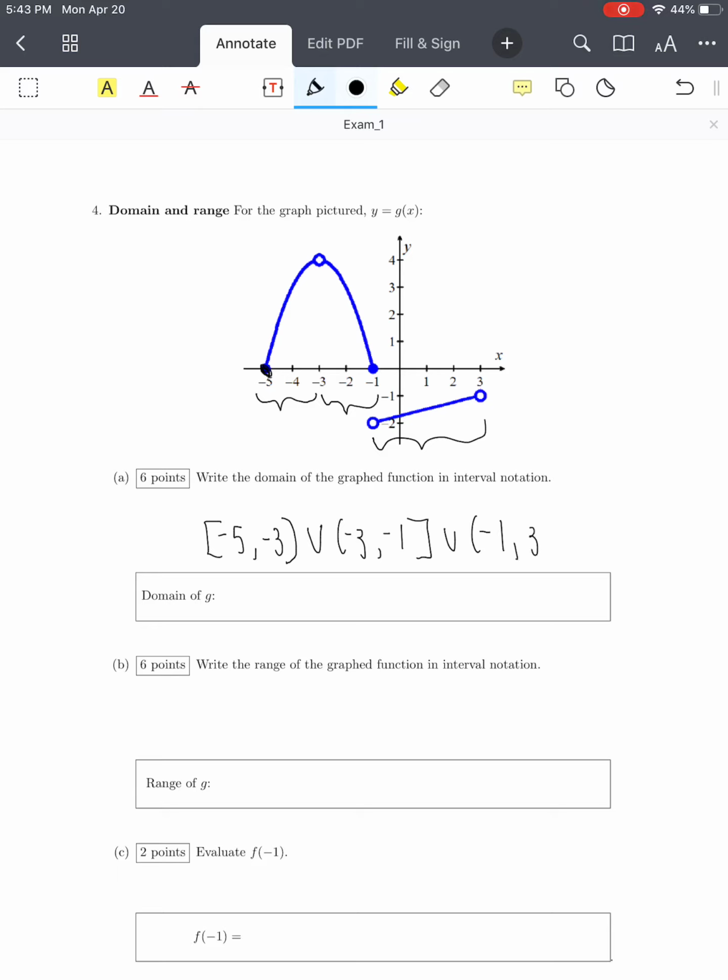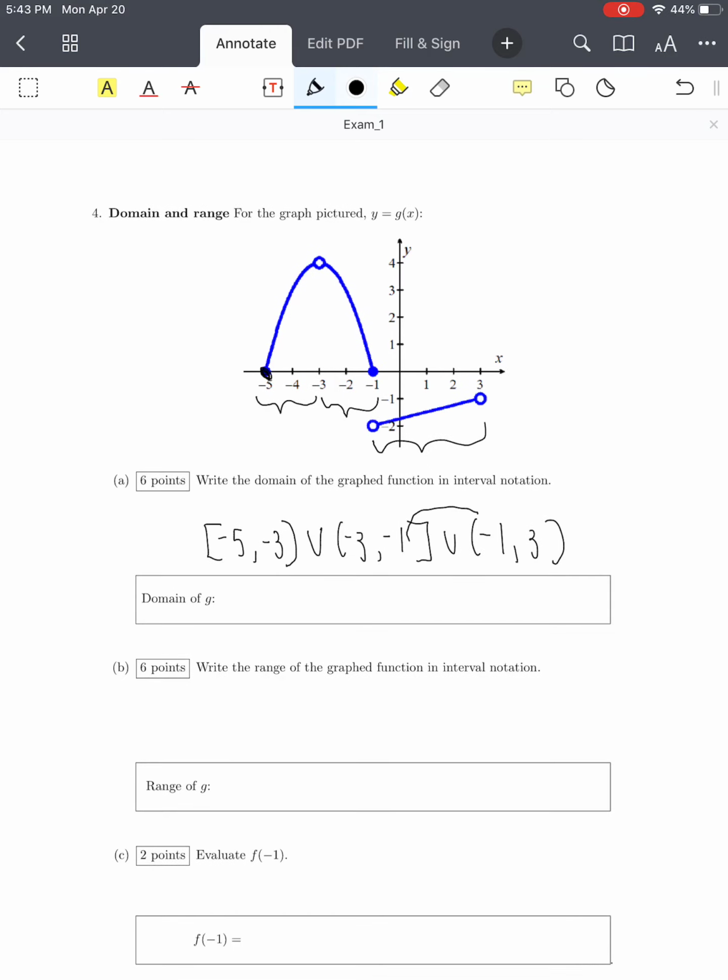-1 to 3. Now, if we notice here, it would probably be better to circle it like this. The -1 has a square bracket and a curved bracket. The square bracket means it's including the point, and the curved bracket means it's not including the point.